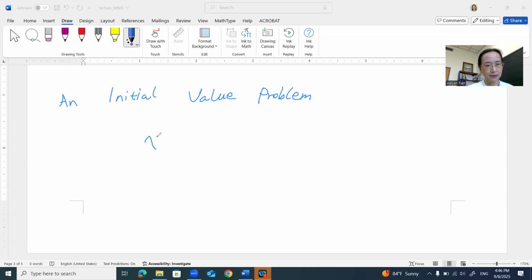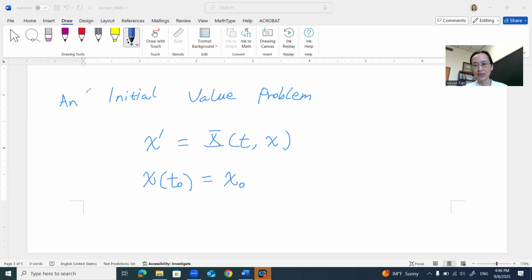Suppose I have a first order, let's say, non-autonomous system of equations. In addition to the equations, we also know the vector passes through a point. So that is, at a certain t, the value of the solution is given. So this is an initial value problem.